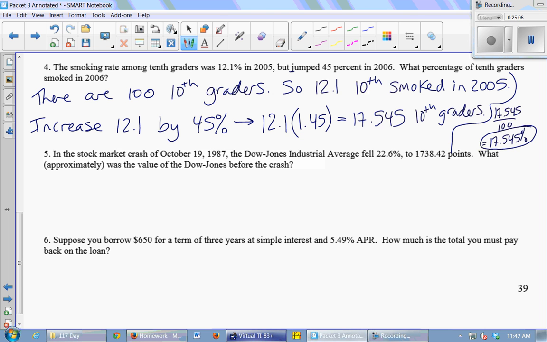That would be a natural instinct and a thing that you might easily jump to doing: take 22.6% of 1738. But we didn't take 22.6% of 1738. We took 22.6% of the original, and it landed here. This is what it equaled. So what they're asking me was the value before, and the value before is what you took 22.6% of.